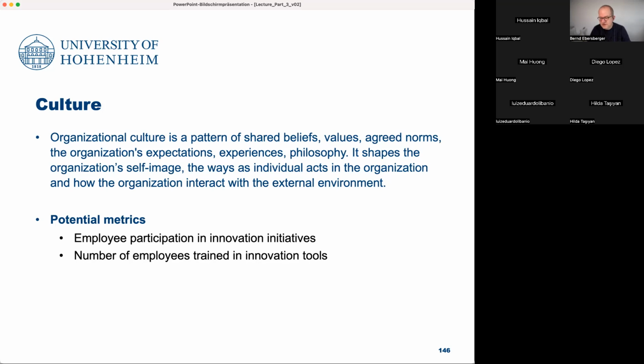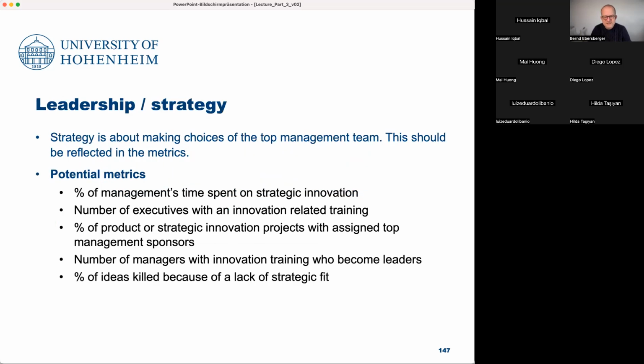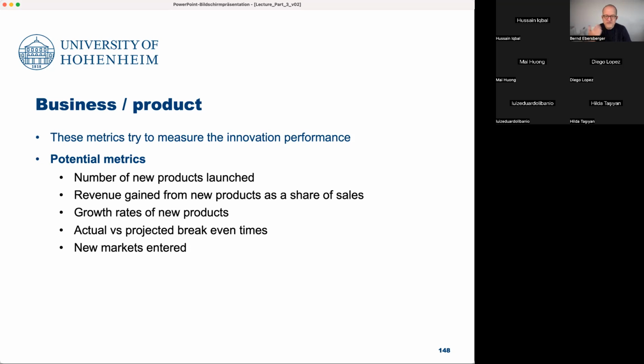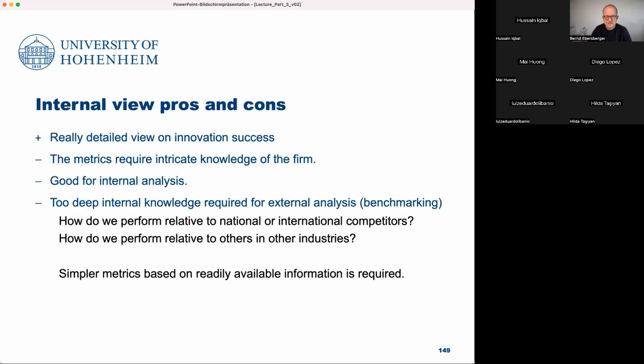From the outside, you don't know this. So this helps you to get an idea of the innovation activities of the firm where you have intimate access. As I said, the internal view is very detailed. It's very, very helpful.